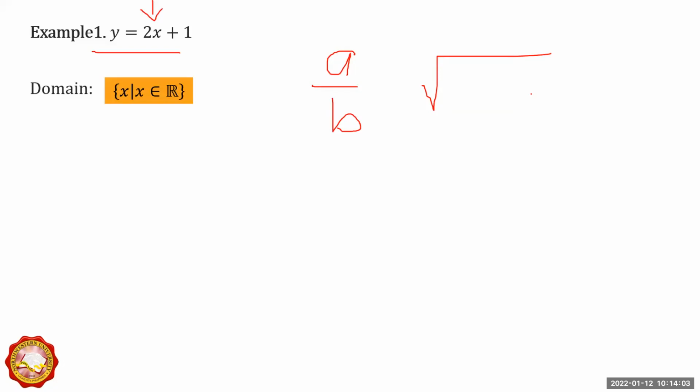So, ang meron lang tayong restrictions ay yung fractions and radical numbers. Yun lang ang kailangan i-remember. So, here, you have here your domain, which is, of course, x ang ating value ng domain. So, that's why x, or the set of all x, such that x is any real number.